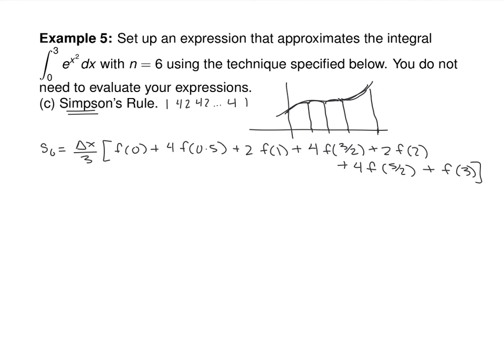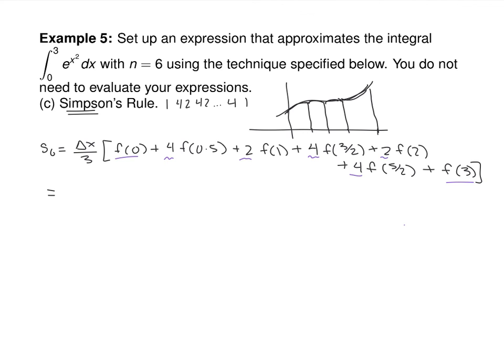And so notice how you have one of the first, one of the last, kind of like the trapezoid rule. And then the coefficients in the middle go 4, 2, 4, 2, 4. They start and end with 4 and flip-flop 4, 2.